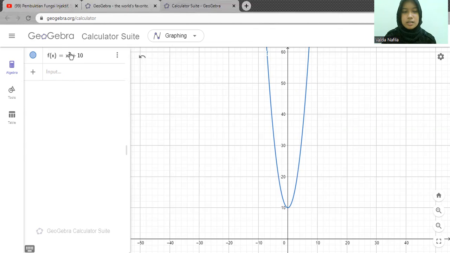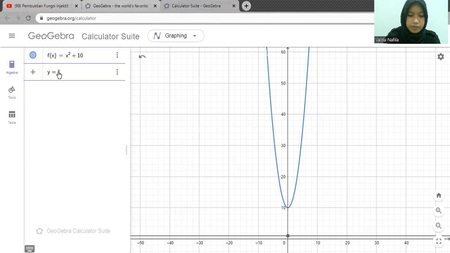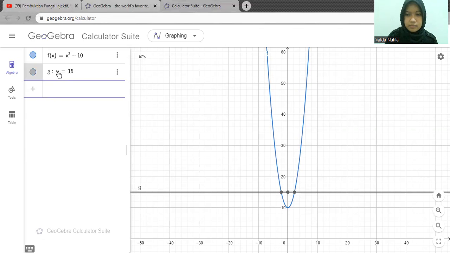Here I have written the test point, for example, y equals 5.